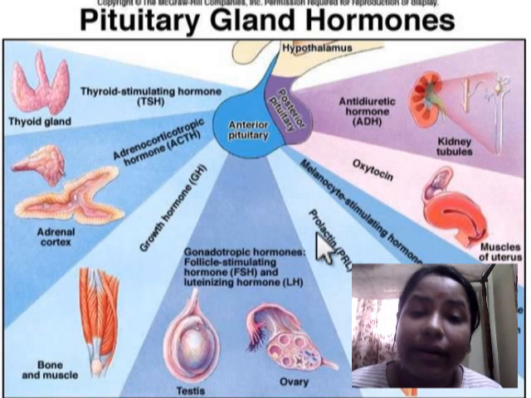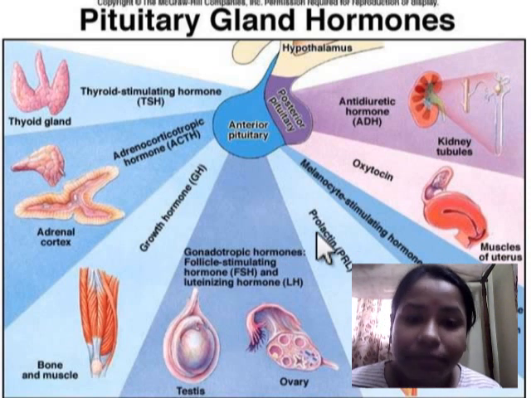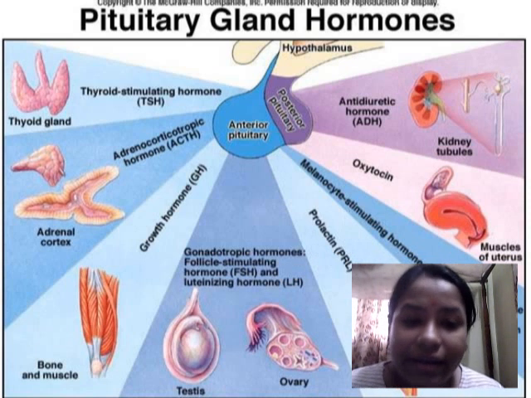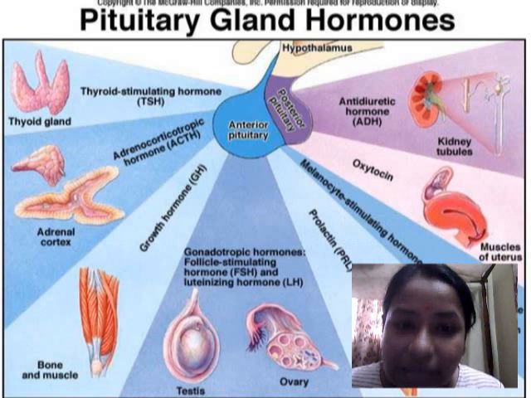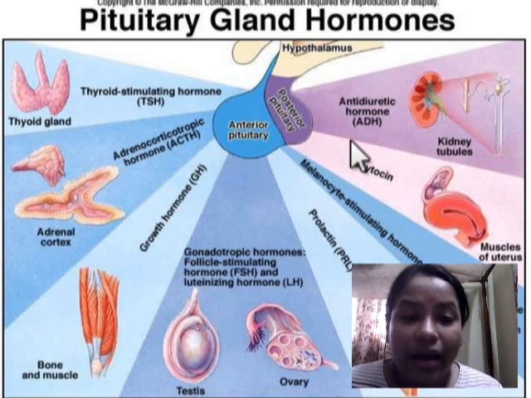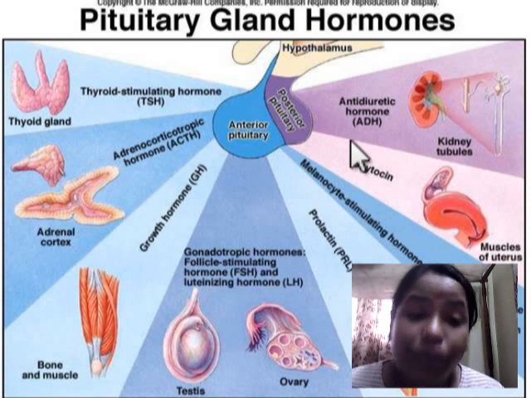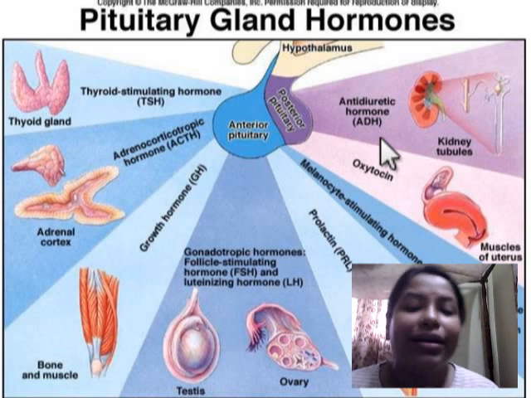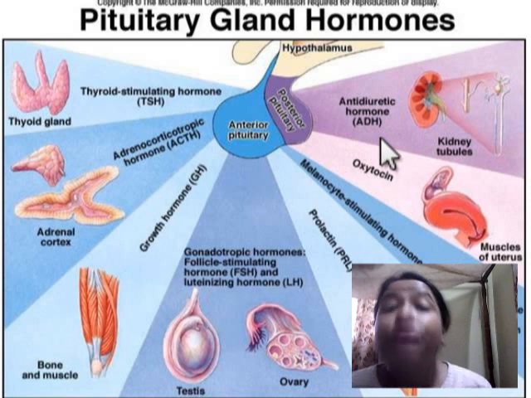Prolactin hormone targets the mammary gland. The melanocyte stimulating hormone targets the skin portion, and the antidiuretic hormone or vasopressin targets the kidney tubules, and oxytocin hormone targets the muscles of the uterus.